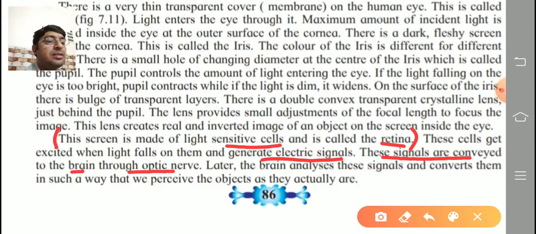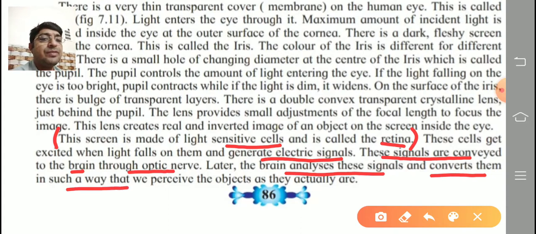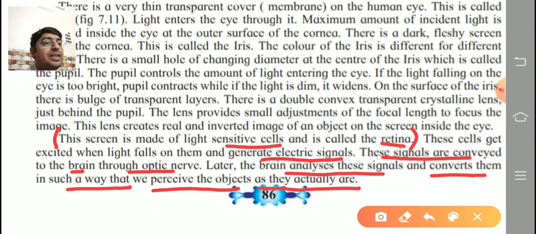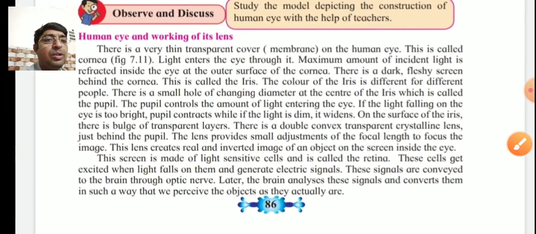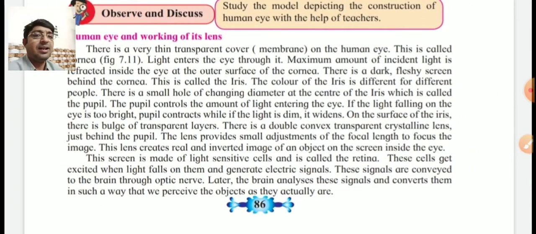Later, the brain analyzes these signals and converts them in such a way that we perceive the object as they actually are. So these are some important parts of the human eye given in this paragraph. So write down the parts and their speciality and function point-wise.